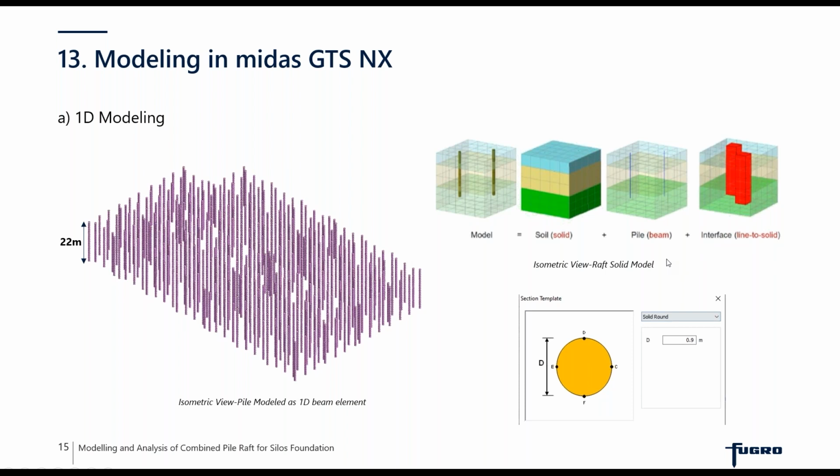As I already listed, we considered a rigid behavior between the rock and the pile with R inter, or the strength reduction factor, as 1. Many people take the approach of modeling the pile as a 3D or volumetric element, but it's always governed by the amount of analysis time, and hence in this particular project we opted to model them as 1D beam elements.